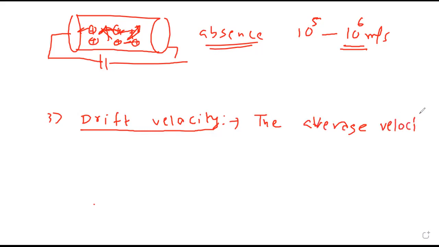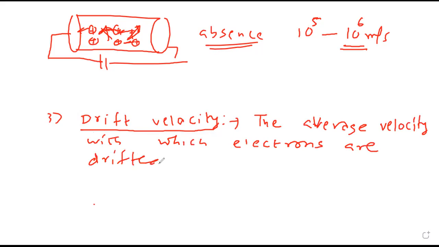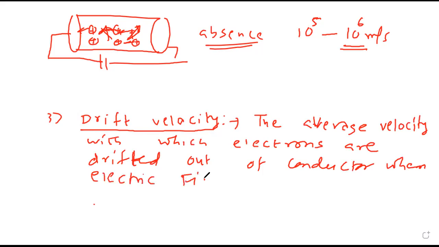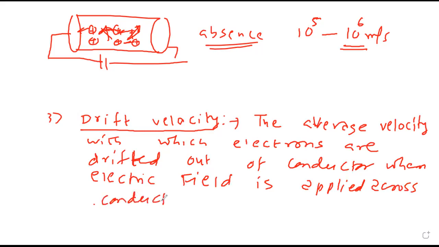velocity with which electrons are drifted out of conductor when electric field, that means potential difference, electric field is applied across conductor is called as drift velocity.